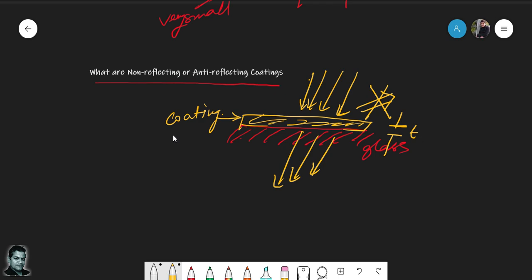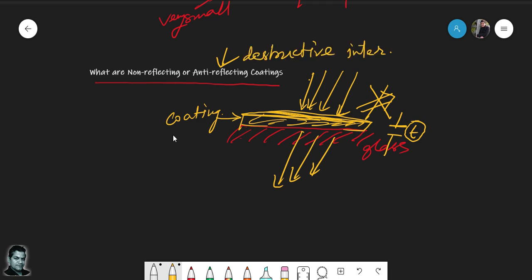So when the lights are getting reflected, if I choose this thickness such that the reflected lights form a destructive interference on the surface of this coating, then that would mean no light is getting reflected. So non-reflecting or anti-reflecting means destructive interference.